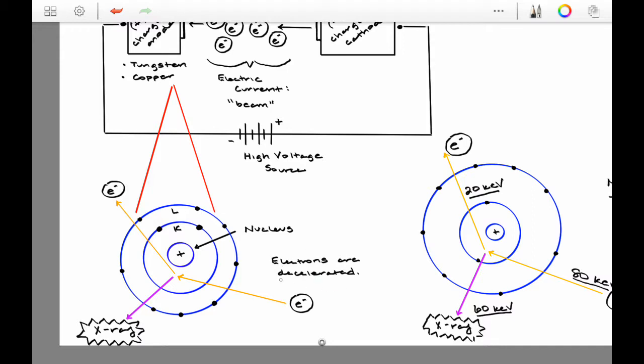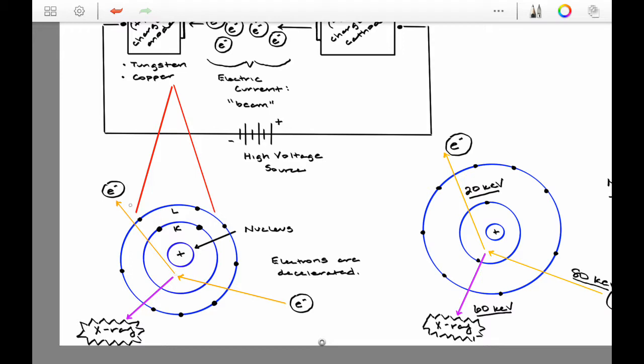The electrons are decelerated because this negatively charged electron passes by the positively charged nucleus, which exerts an electrostatic force on the electron. So this electron is going to be drawn towards the nucleus, and thus it's going to change direction. When it changes direction, it actually loses a little bit of the energy that it possessed when it was fired towards the atom.